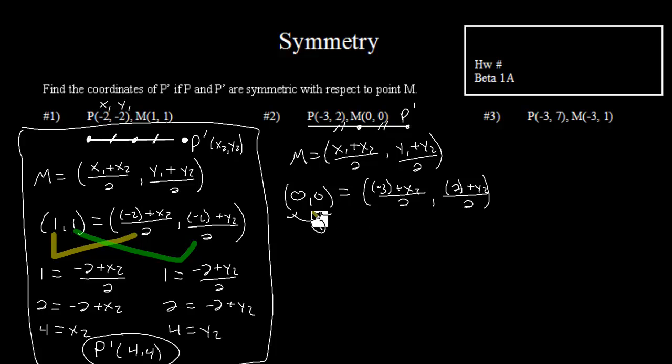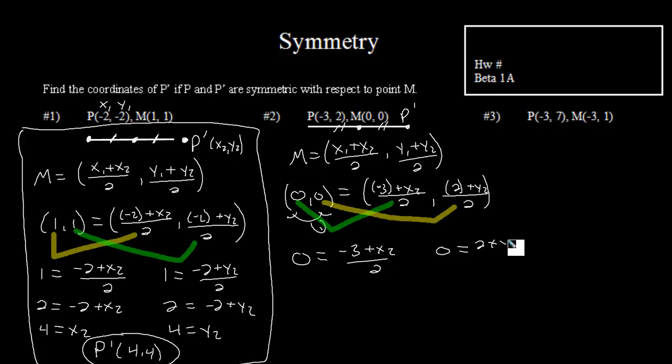Just like the other one, we set 0, the first part of this ordered pair, equal to the first part of the second ordered pair, and the second parts are equal to each other. So we get 0 equals negative 3 plus x sub 2 over 2, and we get 0 equals 2 plus y sub 2 over 2.